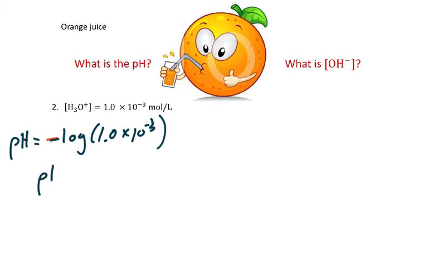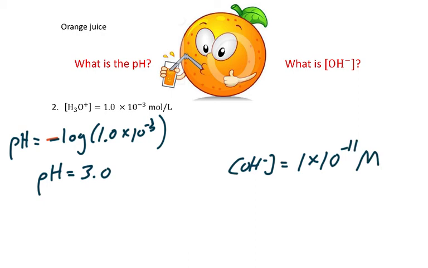That the pH is going to be equal to 3, and the OH- concentration is 1 times 10 to the negative 11 molar. And you can always use the equations, right?